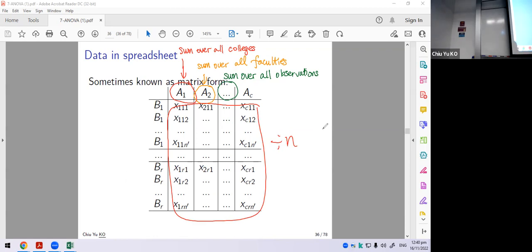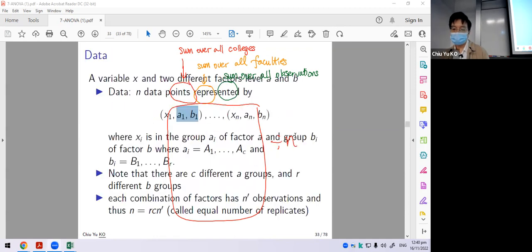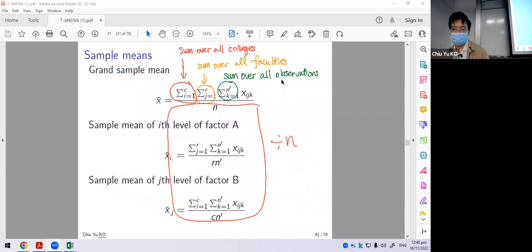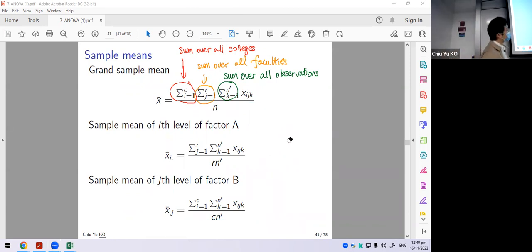I just calculate the simple average of all data. Is that clear? So that is what it means. I hope you don't feel scared by the triple summation. Just basically add up everything and divide by the total number of observations.